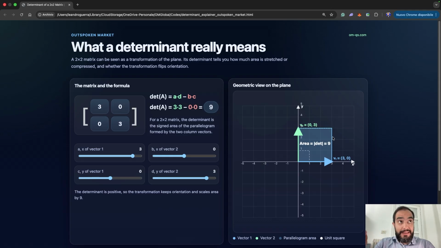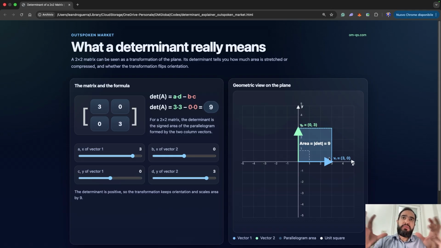That is precisely the area of the square that we have projected in the 2D chart. Remembering from school, in a 2 by 2 matrix, the determinant is given by multiplying A times D, or 3 times 3, and subtracting B times C, or in our case, 0 times 0. So 3 by 3, of course, the result is 9. That is exactly our area. What does it mean, right?